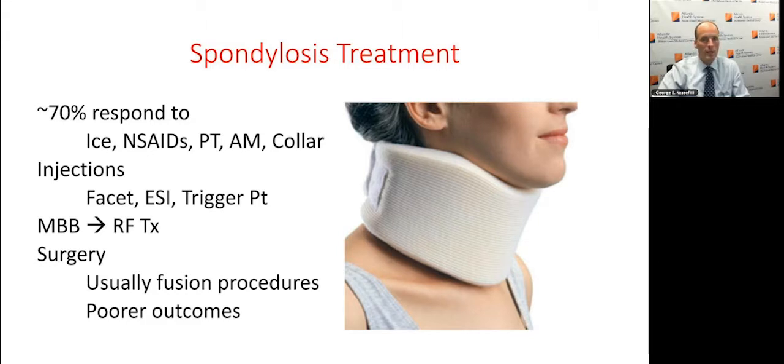In general, in patients who just have axial type neck pain without radiculopathy, surgery is a poor option. I've seen plenty of patients have fusions for this, and the vast majority of them end up with limited range of motion and just develop arthritis above. And the limited benefit that they get from the surgery usually isn't long lasting.